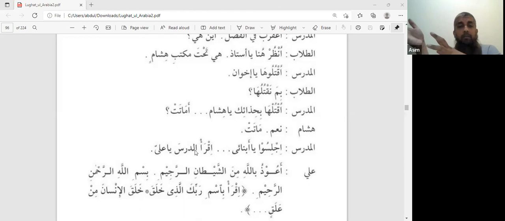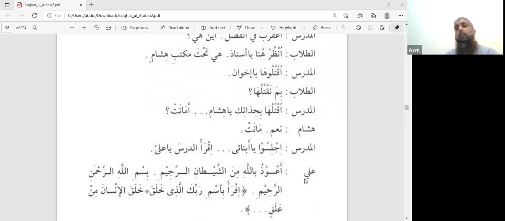Kataba is the verb. At-talibu, the student, is the doer of the verb, the fa'il, and ad-darsa is the maf'ul bihi. It is the object. Normally the object would be in the accusative form, and the accusative form normally carries a fatha on the last letter. What we say is mansub. So we have a similar thing here. Iqra ad-darsa, read the lesson, ya Aliyu. That's why the dars has a fatha on it.